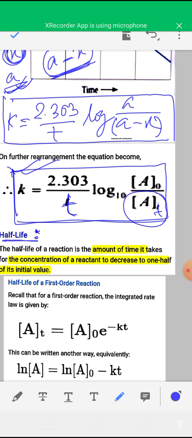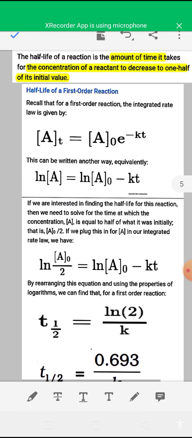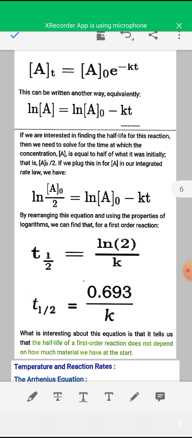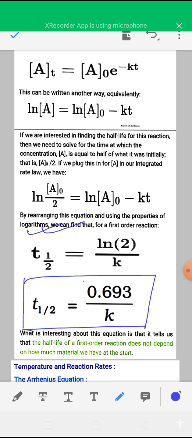After rearranging, you will get the equation for first order reaction: t half will be equal to 0.693 by K.